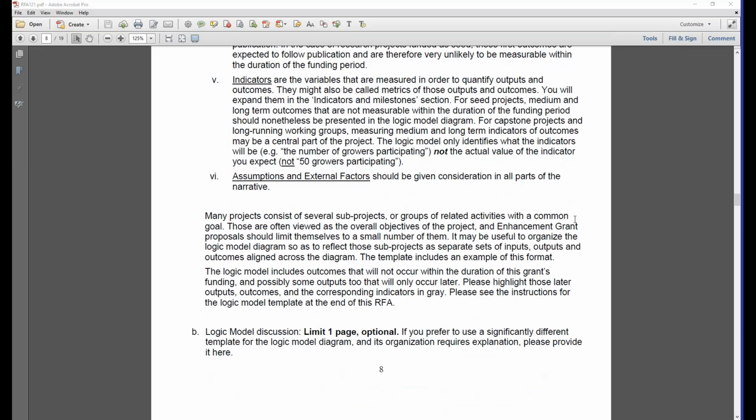Assumptions and external factors are explained in the logic model form, which is at the end of the RFA, and by the way, can be downloaded, and you should download it as a separate Word document. There is a template for the logic model in this Word document, which makes formatting a little bit easier.